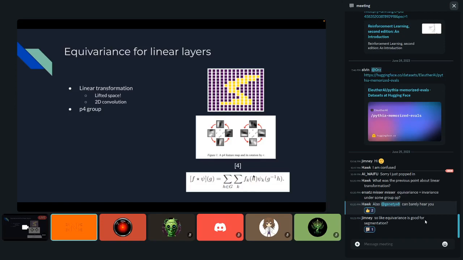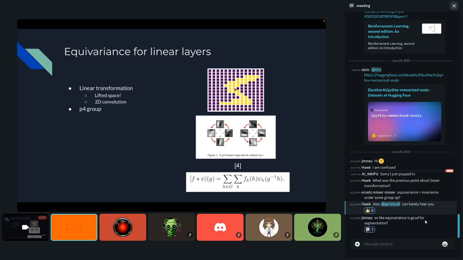For all group elements, it weights the value of our function at that element by a kernel weight at the corresponding filter location. So, for example, if our g is this pixel, then f(g) is just one.